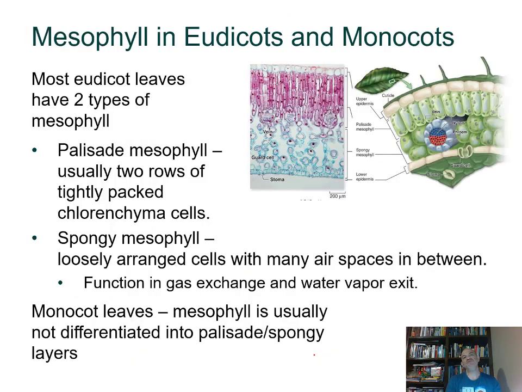If we were to section into a leaf and look on the inside of it, there's also a difference between monocots and eudicots. The image in your textbook and the lab manual only gives you a eudicot example. This one looks like it has trichomes right there, and this one layer of cells right here is your epidermis, the upper one and the bottom one.